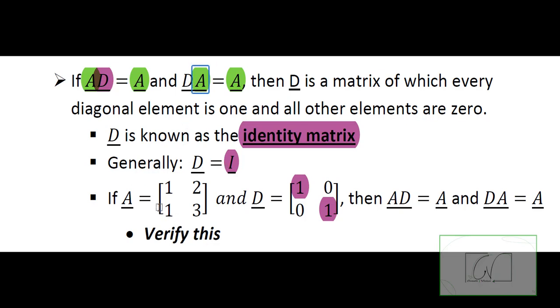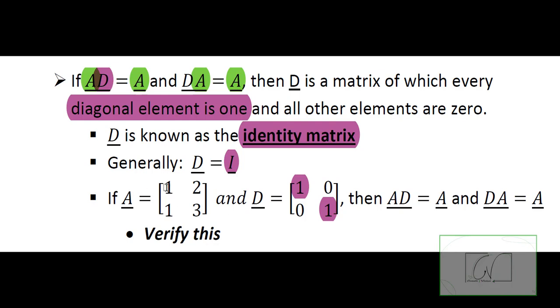So let's verify this by giving you a typical example of how an identity matrix looks. I have a matrix A with the following elements: 1, 2, 1, 3. And remember, the diagonal elements are 1, all of them going down, and all the other elements are 0.